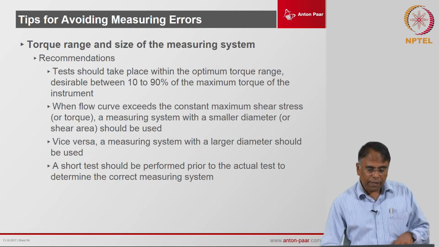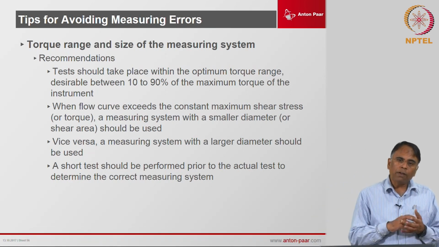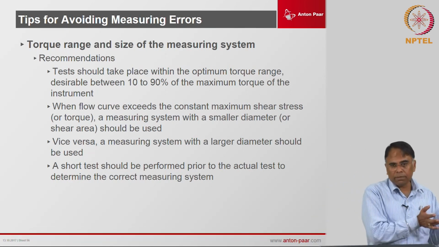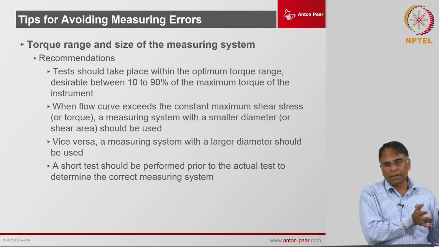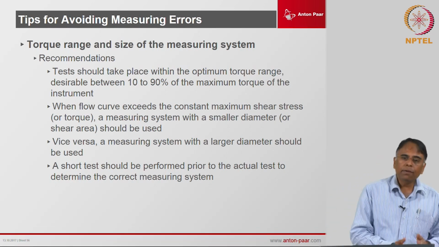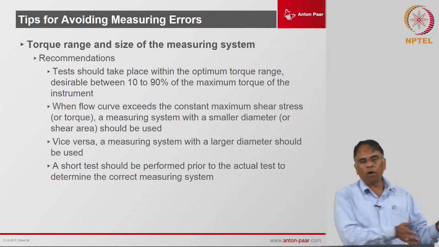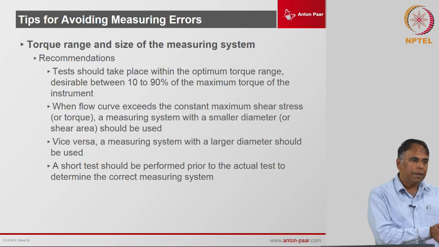Okay, and then of course the torque range and the size of measuring systems. If you find that the torque that you are getting, especially at the lower points, is quite low at a 25 mm geometry for example, then you can immediately go for a 50 mm geometry, which will automatically improve the torque at these small levels.